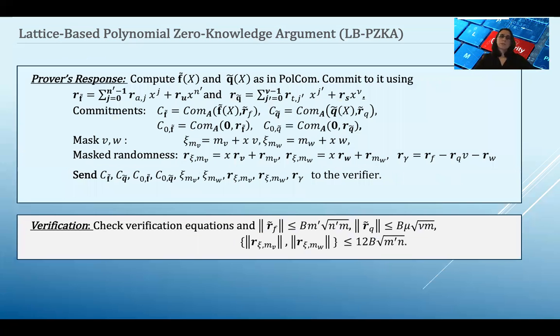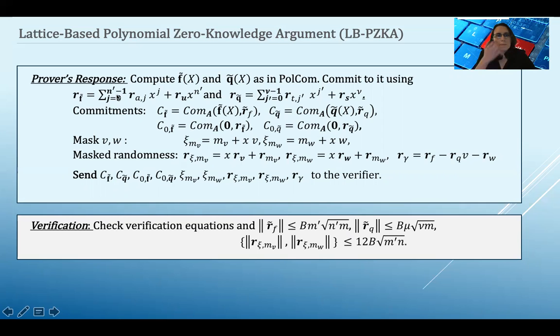So the prover's response consists of the following steps. After receiving the challenge, the prover computes f tilde of x. This should be small x, indicating the challenge. So small x is the challenge. And q tilde of x, as it is done in the polynomial commitment.